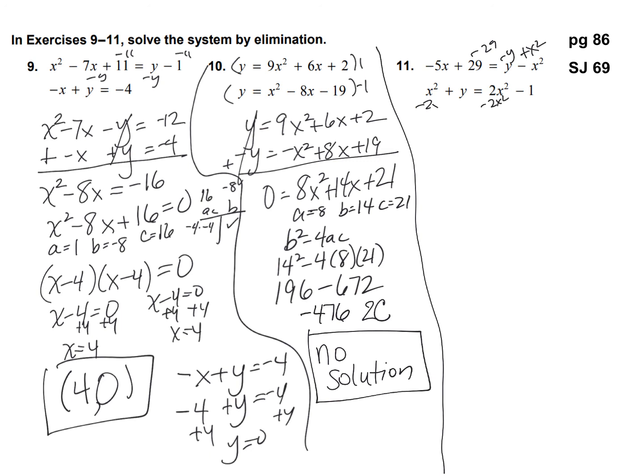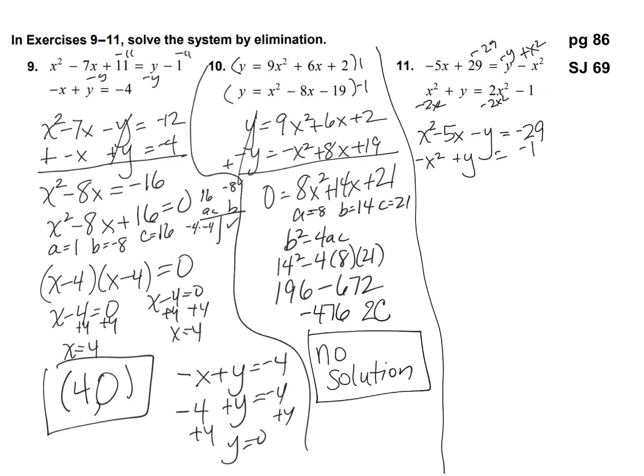I'm going to subtract 2x squared. So on the top I have x squared minus 5x minus y equals negative 29. On the bottom I have negative x squared plus y equals negative 1.